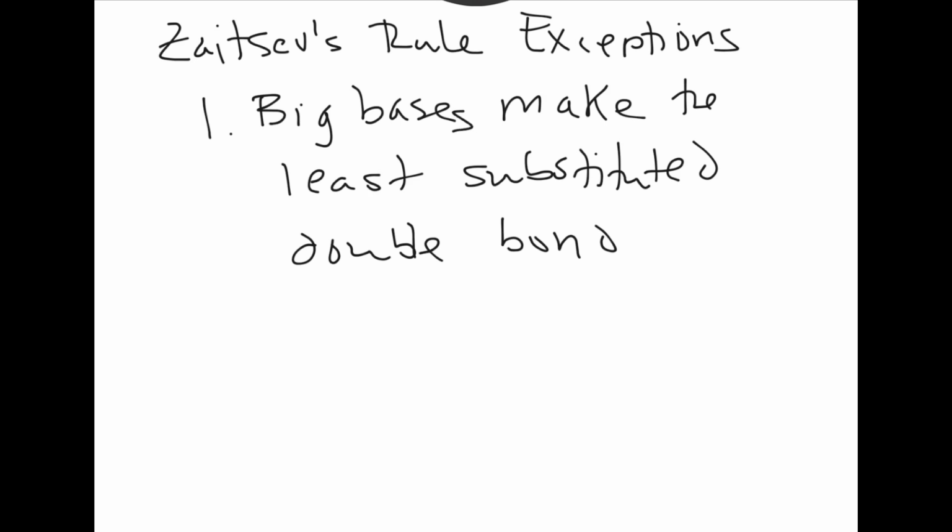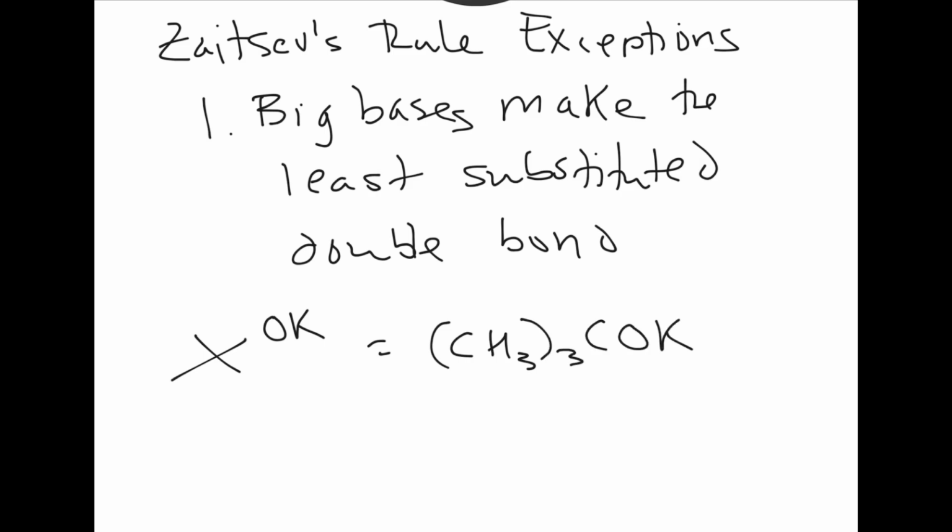Big bases make the least substituted double bond. I'm going to give you only 2 big bases that you need to know, just 2. You've got potassium tert-butoxide, which on your homework they often will write like (CH3)3COK, and then LDA.